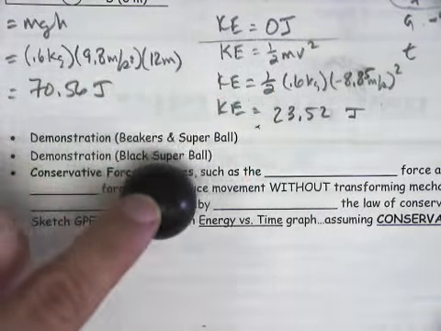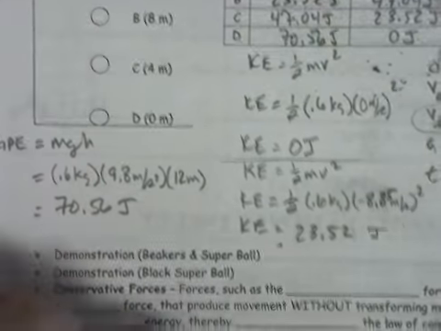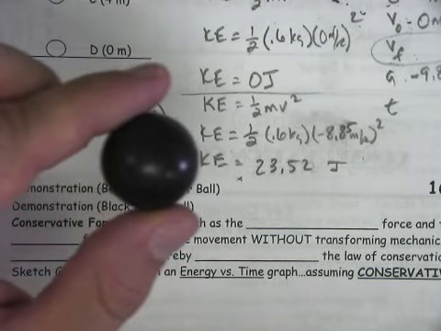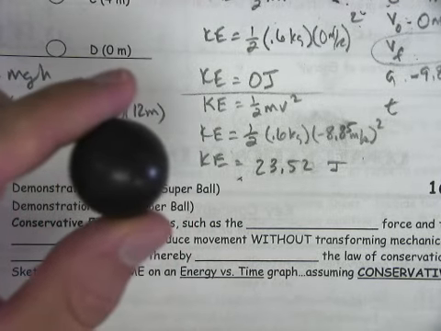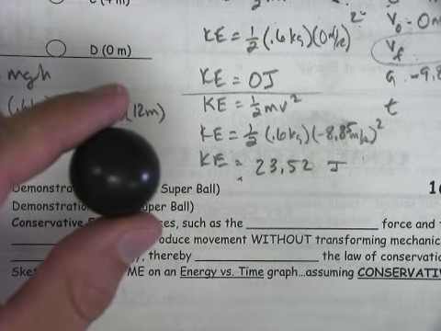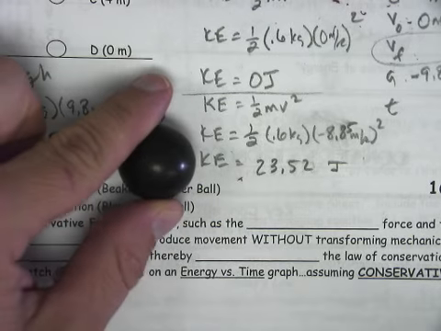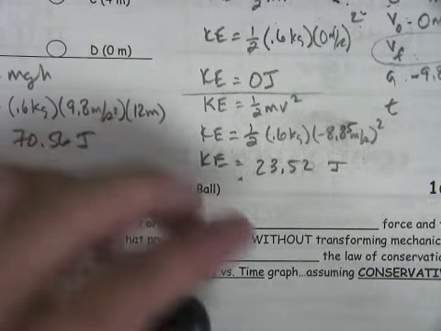And so let's take a look at what's going on with this. This super ball that's bouncing is no different than the ball that we have up here. When I let go of the ball, it has gravitational potential energy at the top, and as it falls, it transforms that gravitational potential energy into kinetic on the way down. So it bounces back and forth.